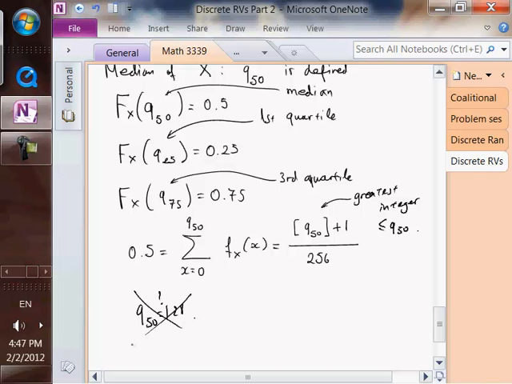So that's not a good choice. What's another choice? 127. Okay, so does 127 work? That's the middle value, okay? So 127 does work because you have 127 plus 1 divided by 256, which is equal to 0.5. So it does satisfy this equation.